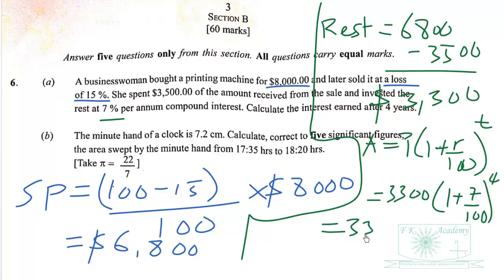So we have to simplify this. 3,300 times 1.07 exponent 4. And when we simplify this, we obtain $4,325.63.